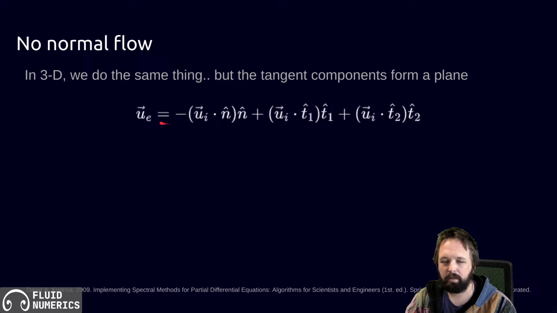So basically all I'm doing is reprojecting these vectors. Rather than an x, y, z, I'll project them into a different orthonormal basis, n hat being the outward pointing normal for my geometry. And then I need to know what these two tangent vectors are that form a plane.